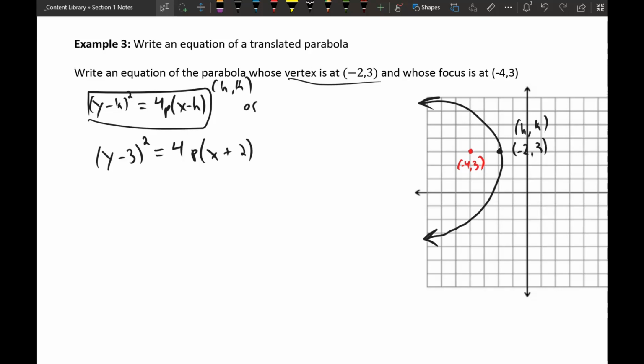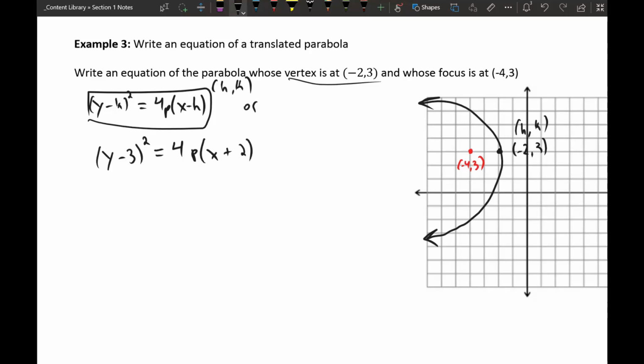You have to keep in mind that p is the distance between the center point and that focus, or the distance between the center point and that directrix. Well, we have the focus, and its distance is what from the center?